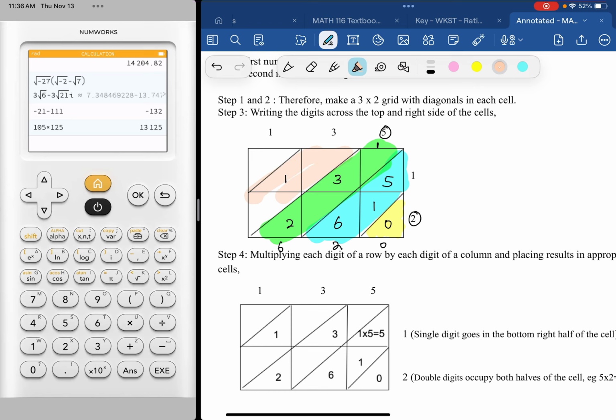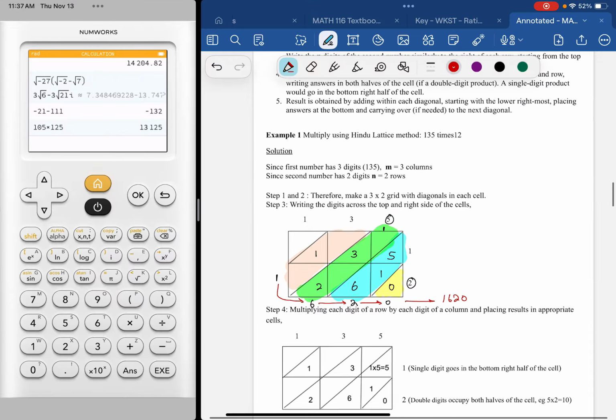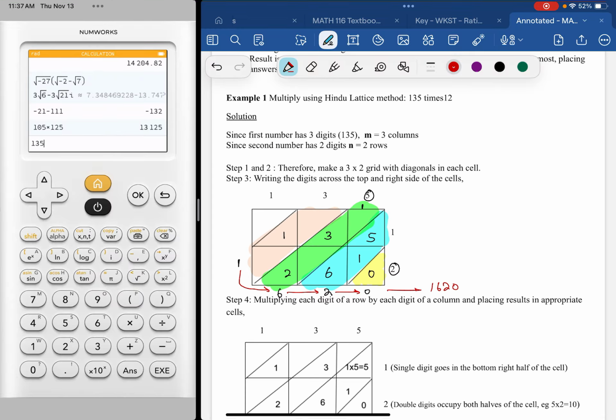The one after that I would continue on to if there was anything there, but there isn't. So working from the leftmost to the rightmost, this would be my product, 1,620. Just to verify, I was doing 135 times 12, 1,620.